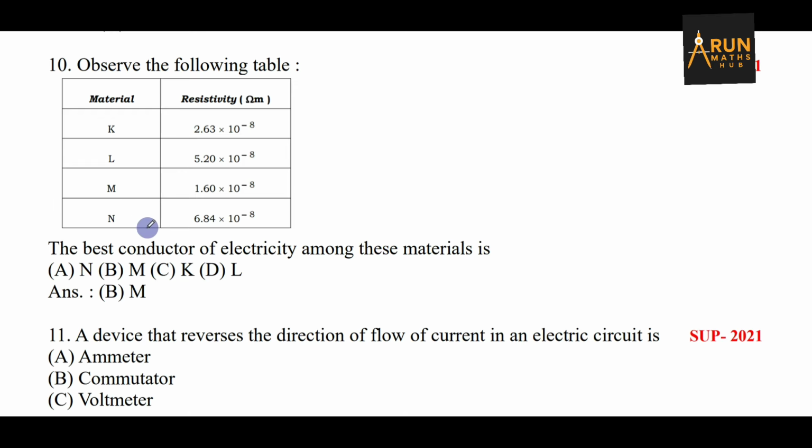Material N has resistivity 6.84 into 10 power minus 8. The best conductor of electricity among these materials is the one which has the least resistivity. Least resistivity, higher the conductivity. Here the least resistivity is 1.60 into 10 power minus 8. That is the material M. Therefore, the correct answer is option B, M.